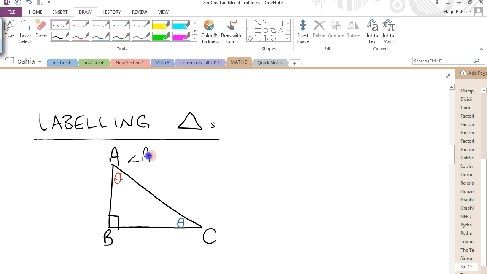Angle A. So that means angle A. Angle C, the way they write angle C, again, is the little angle sign, and C. Very easy. And for angle B, they'll just go little angle sign B. Okay, so just getting you familiar with the symbols and terminology that they're going to throw at you in a little while. Now the sides.